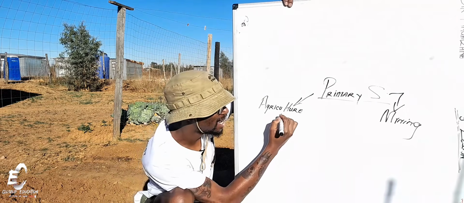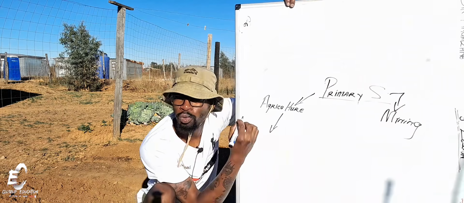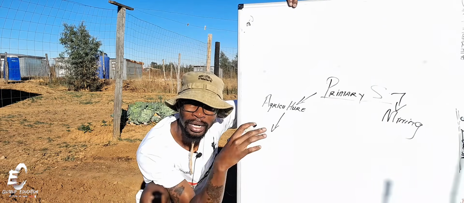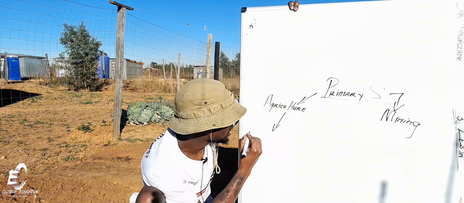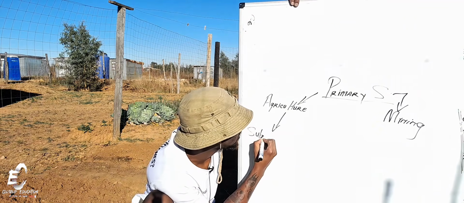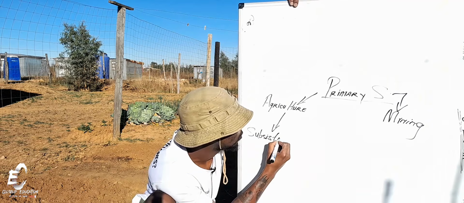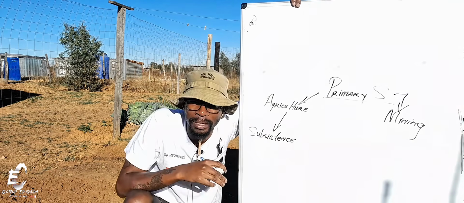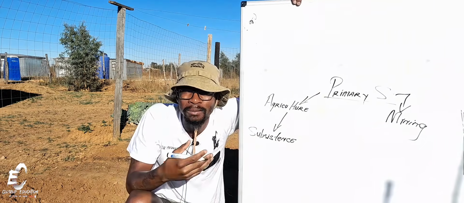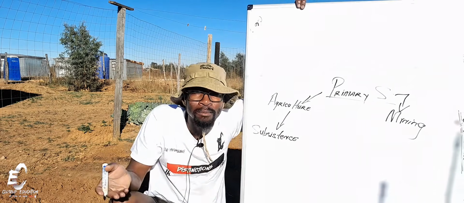So agriculture is differentiated in two forms. The first one is what we'll be doing today, which is called subsistence farming. Yes, guys, this is our subsistence farming. Subsistence farming speaks for itself. It is small scale.